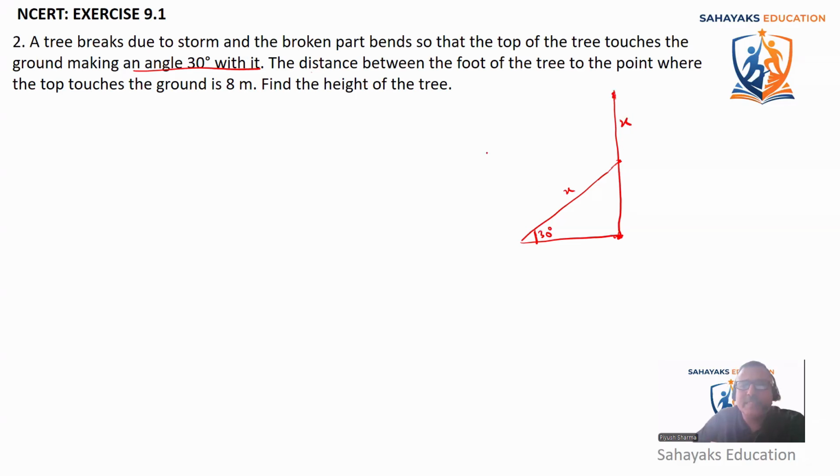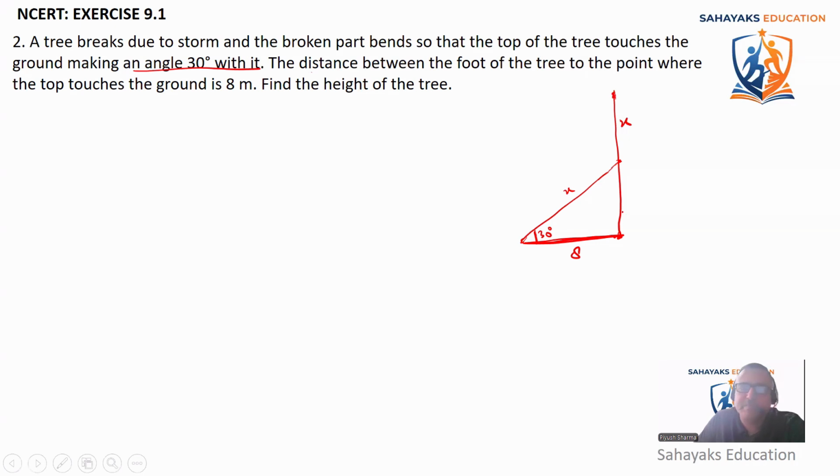Now, they're saying the distance between the foot of the tree to the point where the top touches the ground, so this distance is 8 meters. Because the tree has fallen, that part is touching the ground at a 30 degree angle at 8 meters away.